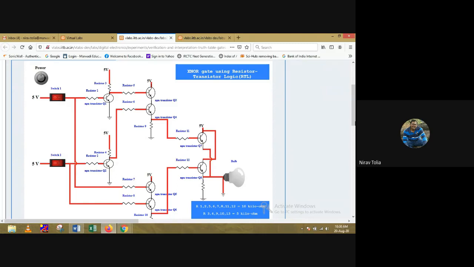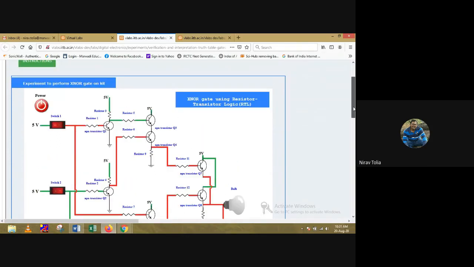So what do we have to do? Simply, first we have to give the power to the supply. So click on the power. So my power is given. Now you can see that as both my inputs are 0, my output is 1. So for 00 it is 1, for 10 it is 0, for 11 again it is 1, and for 01 it is 0.